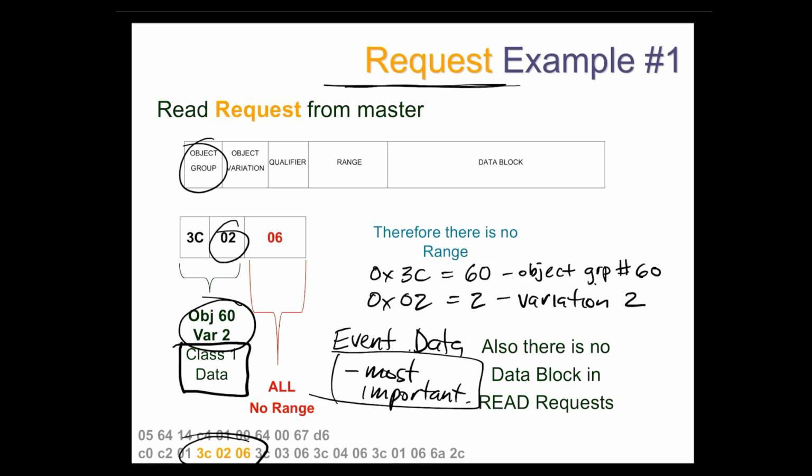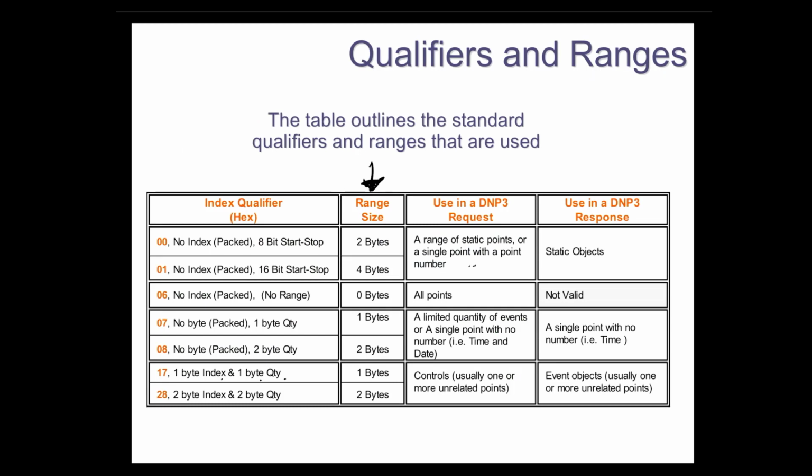Now we move to the qualifier. For the qualifier, we see 06. So if we go back here, what do we see for qualifier 06? Here's our 06 qualifier. It's indicating that it's all points. And notice how it's only going to be found in a request, and a request is what we're looking at. You won't find it in a response.